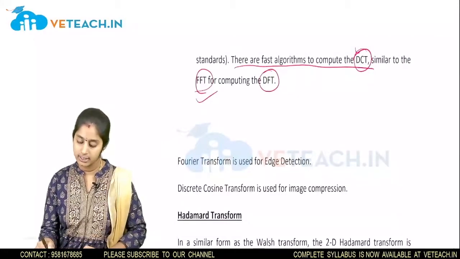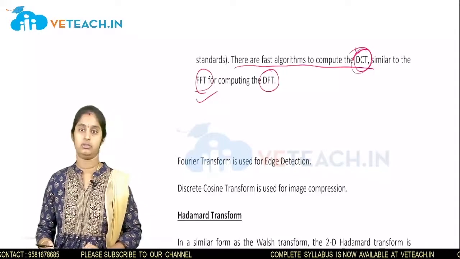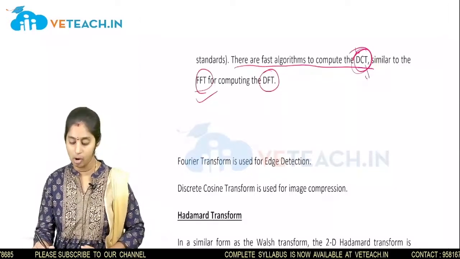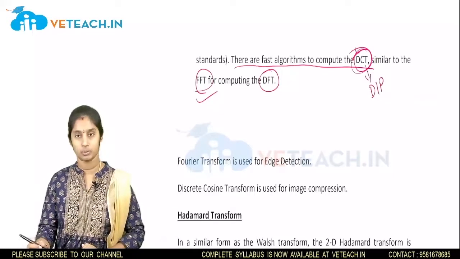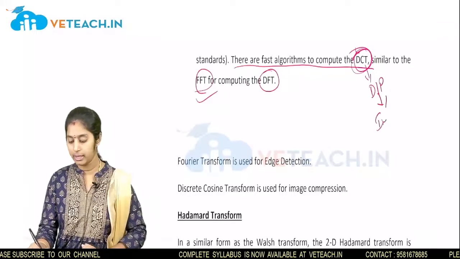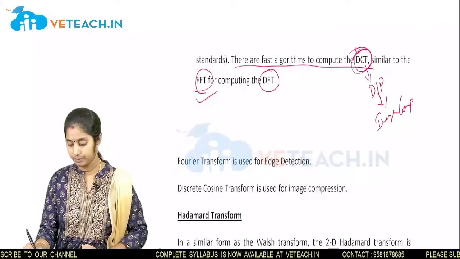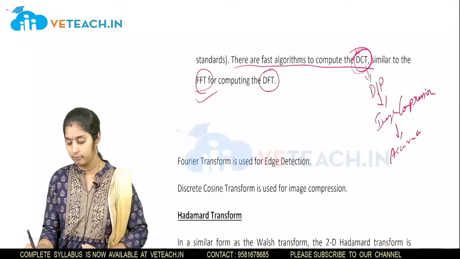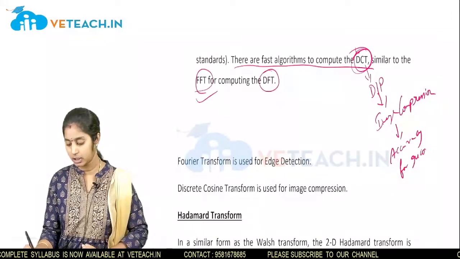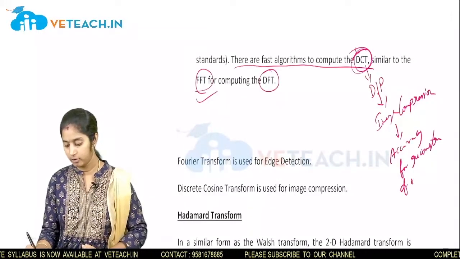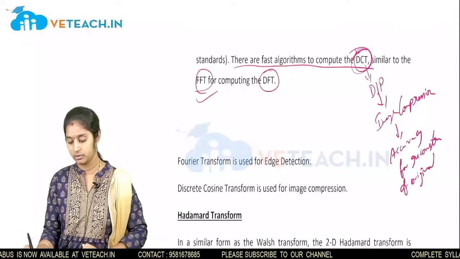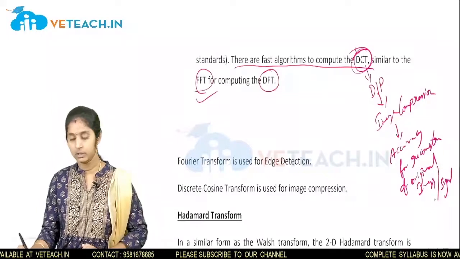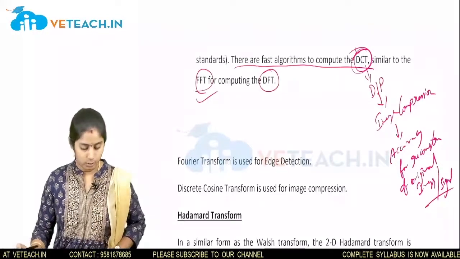We use the DCT, discrete cosine transformation, as an application in digital image processing in the form of image compression, because we get more accuracy in reconstruction of the original image or original signal. You all are very clear about this, right?